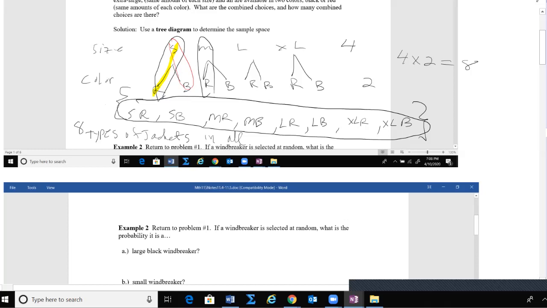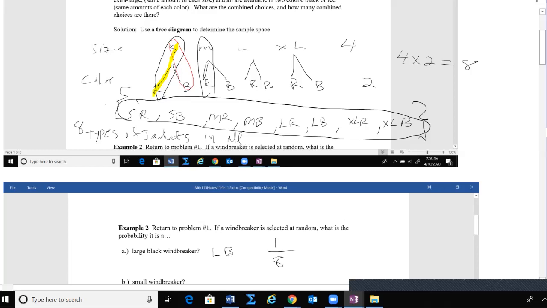Each one has a probability of 1/8 of being selected. We're assuming the jackets are all mixed up in a big box or something, and you just pull one out randomly and you select it. And it has 1/8 of a chance of being selected. So a large black would be L with a B, and there's only one of those in the whole list, so it's 1 out of 8.